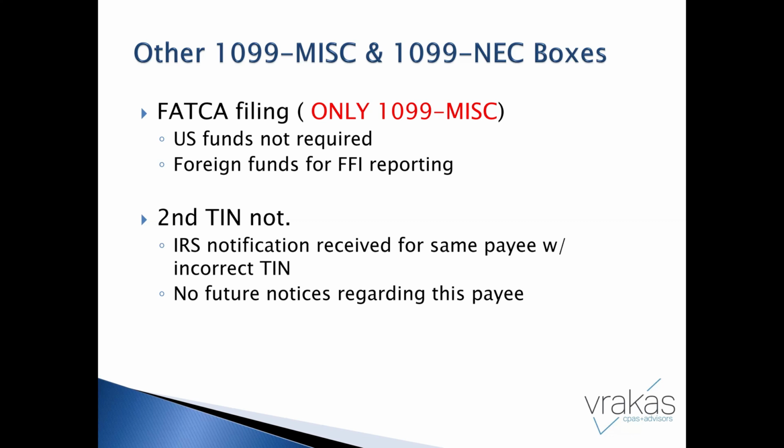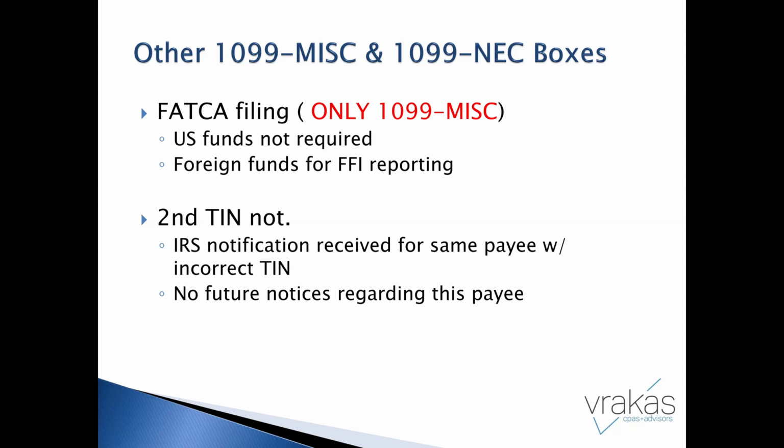But you look at the notice that they sent you, you look at the W-9 that the vendor gave you, and they're the same. You go, but I've issued it this way. You ask the vendor, they've given it to you, and the next year you complete the 1099s, you send it off to the IRS with that number, and the IRS sends you another notice back.